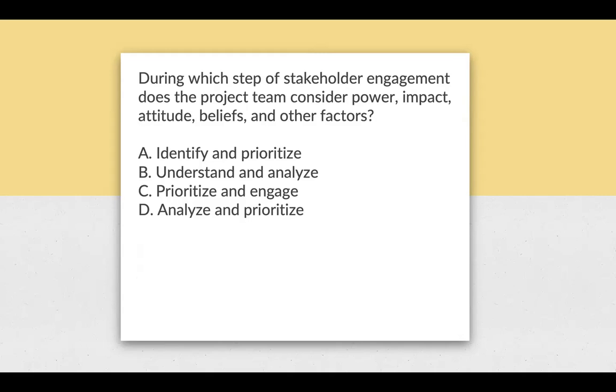After initially identifying stakeholders, the understand and analyze step is where the project team performs detailed analysis using tools like a power or interest grid or a model to assess the stakeholders' power, impact, attitude, belief, and other factors. This analysis informs the subsequent engagement strategies.